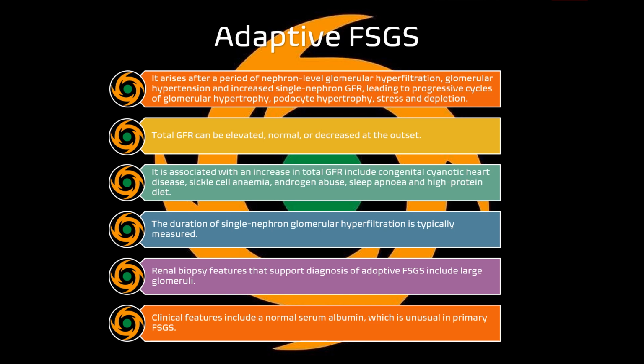Alongside this, there can be androgen abuse, and sleep apnea and high protein intake are all in line with adaptive FSGS as well.